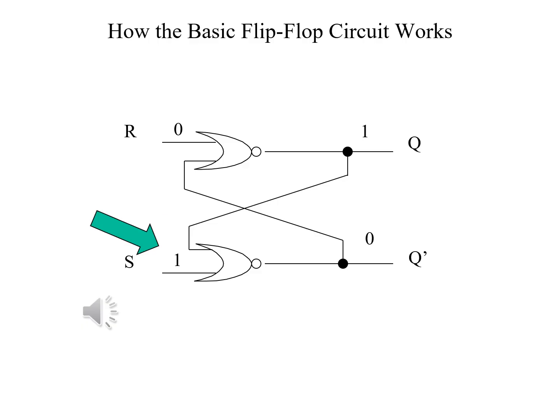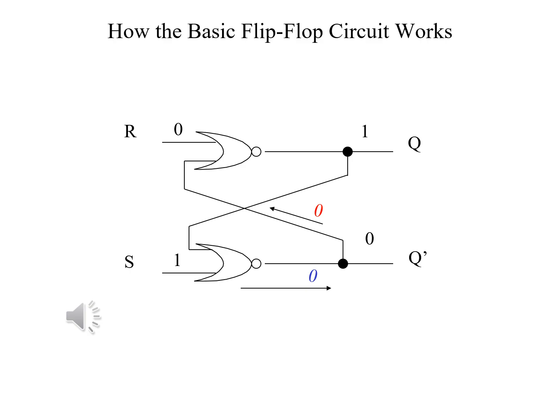Now, let's look at the case where S is set to 1. We will start at the lower NOR gate. It receives Q's value of 1 and S's value of 1. 1 or 1 is 1. Not 1 is 0. Q prime's value of 0 goes to the upper NOR gate.